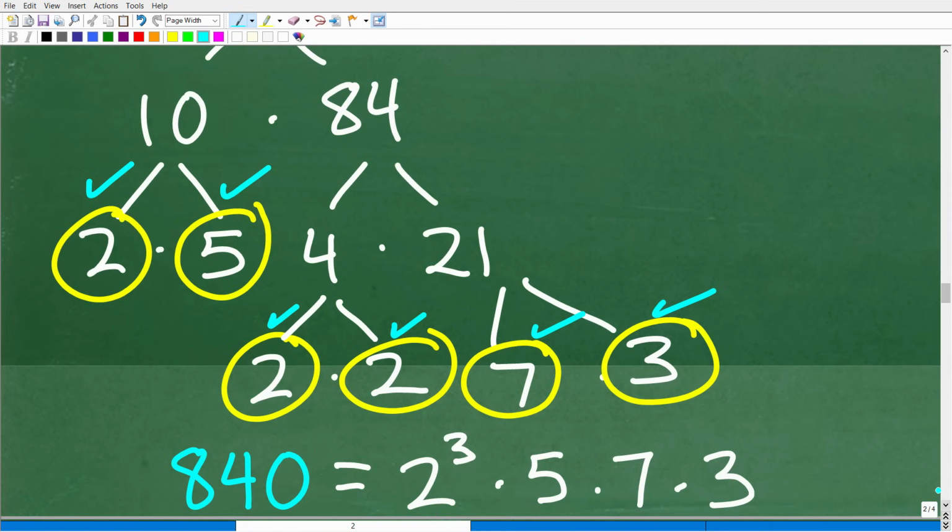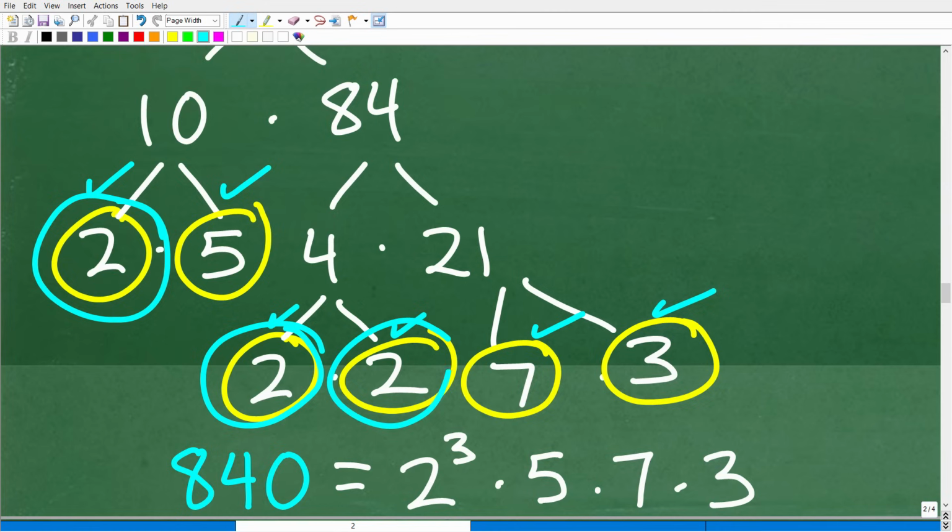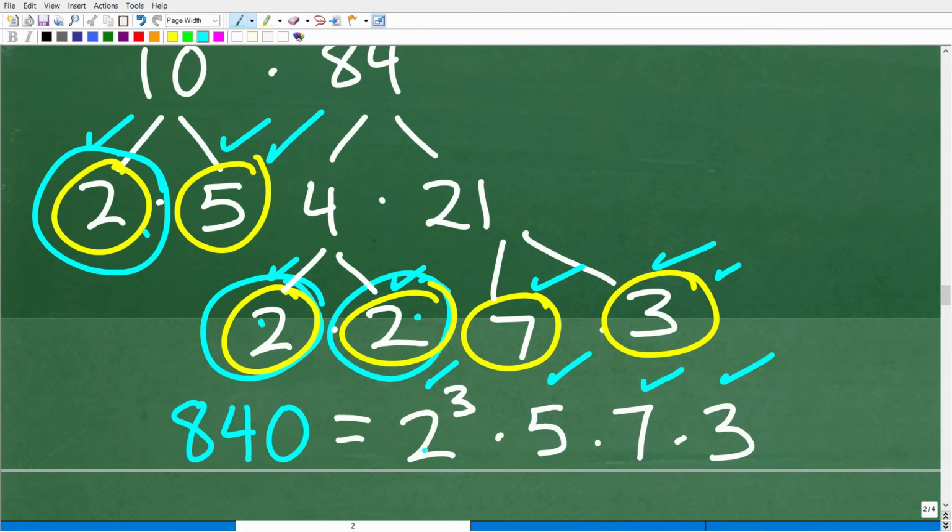Let's put this all together. 840 is 2 cubed, since I have 2, 2, and a 2, so 2 times 2 times 2 is 2 cubed. Remember, you want to express repeating factors as powers. Then we have the 5, the 7, and the 3. So 840 is equal to 2 cubed times 5 times 7 times 3.